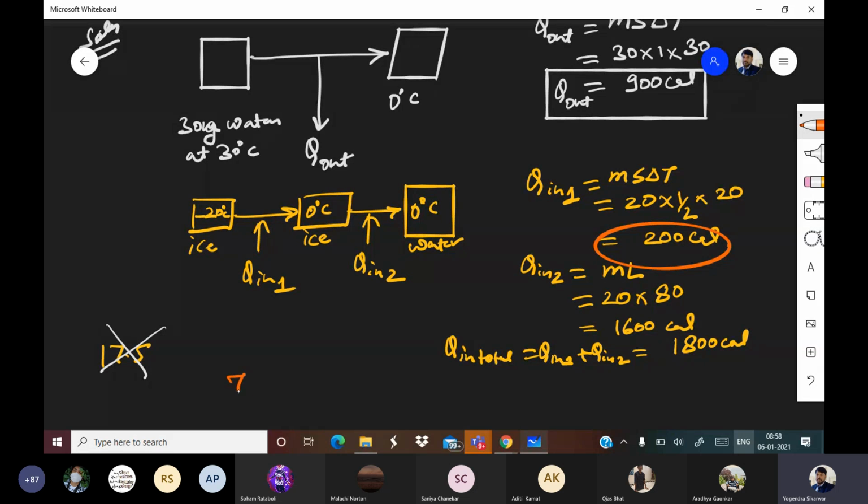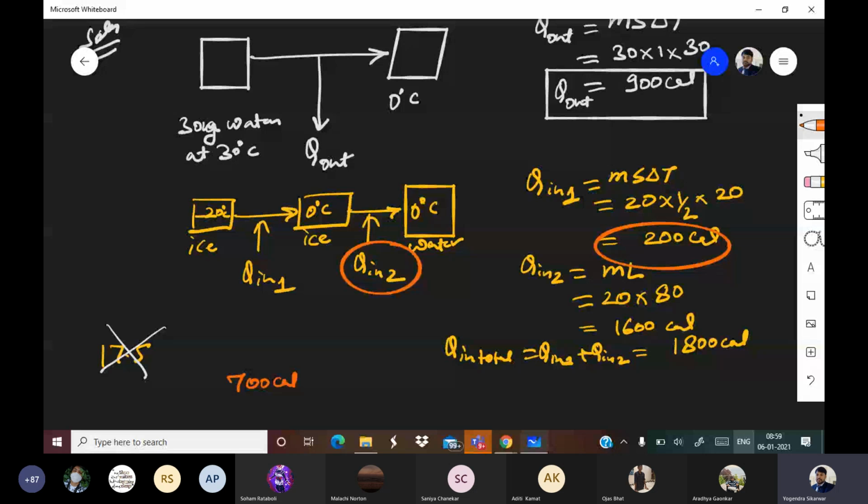We are left with 700 calories extra. And now that 700 calories of extra heat, what will it do? It will get some of the ice melted, because the heat sufficiently needed, we don't have.